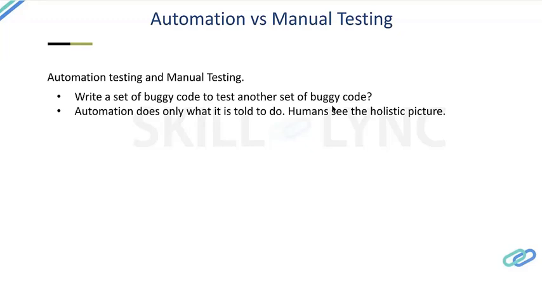But for manual testing, that is going to take days and ages. So manual testing is slow. Despite all the positives with manual testing, it's very slow, it's not scalable, and it has a very high cost.